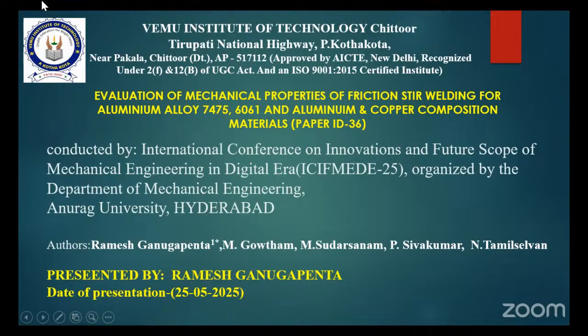The yield strengths are 77.33, 80, and 97.33 Newton per mm square respectively. This is the graphical representation of yield strength and tensile strength, and the copper composition has the more effective yield strength.